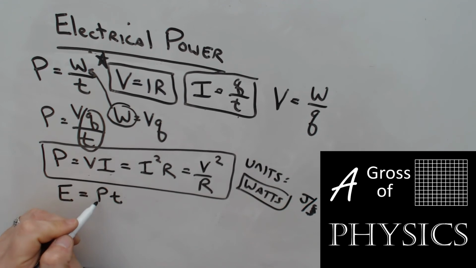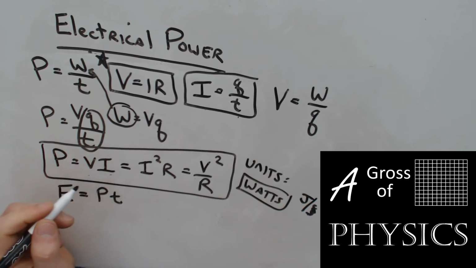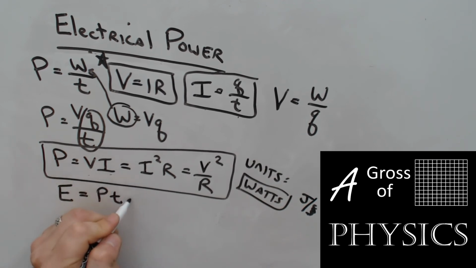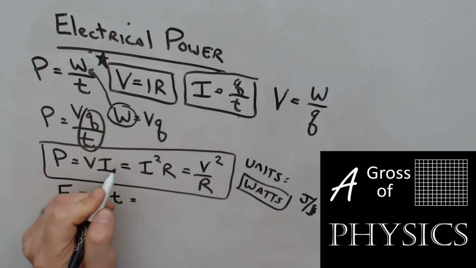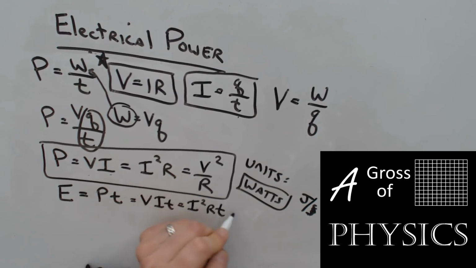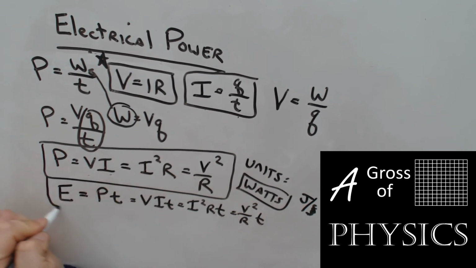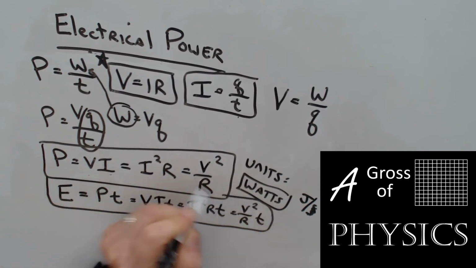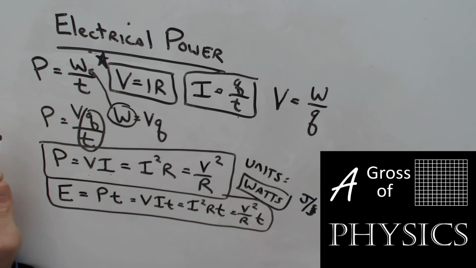So power, which is joules per second, times seconds, you end up with joules. That means you can just put a T at the end of each of these terms. You have VIT, I squared RT, or V squared over R times T. And that will get you the electrical energy. Now, the electrical energy is going to be useful when we talk about kilowatt hours, and we'll discuss that in a moment.